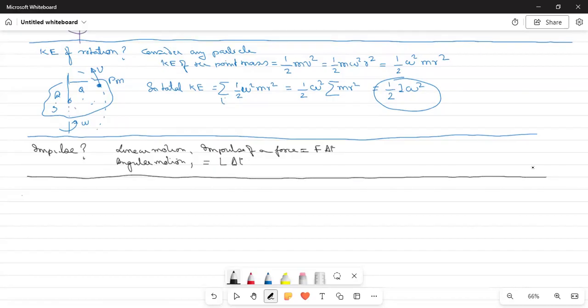There is another part, which is deduction of moment of inertia of some regular shaped bodies.